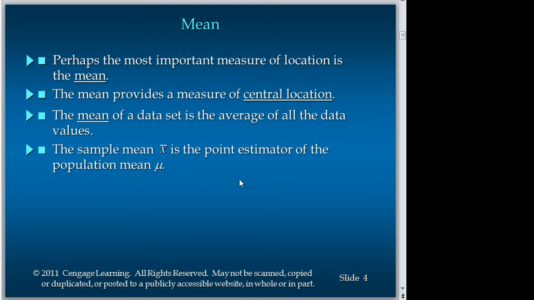And we call that a point estimator. X bar is a point estimator. X bar is what? X bar is a sample mean. And there are two different symbols for two different means. For example, the sample mean, they use X bar for that symbol.